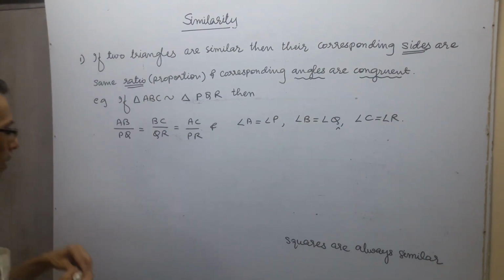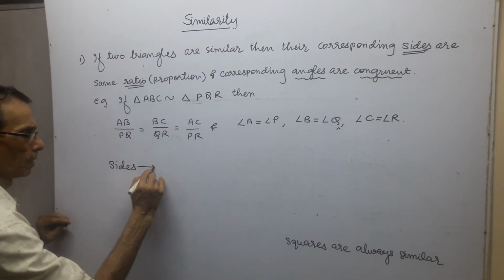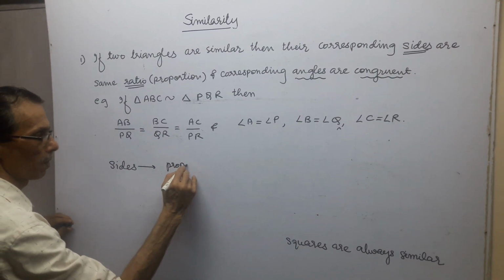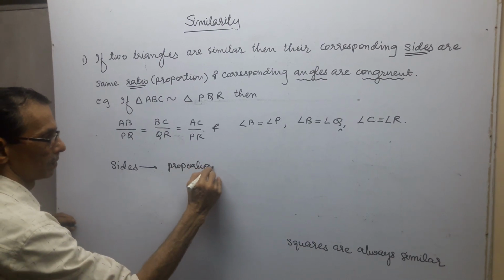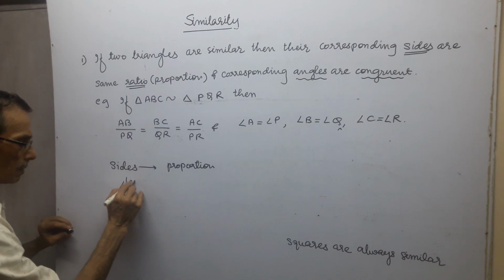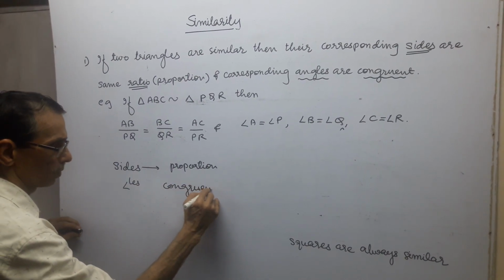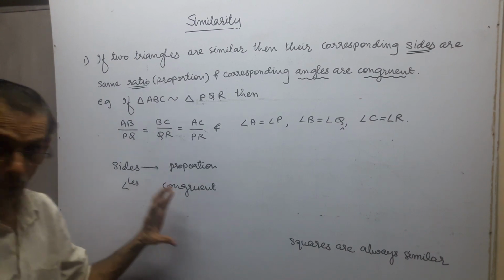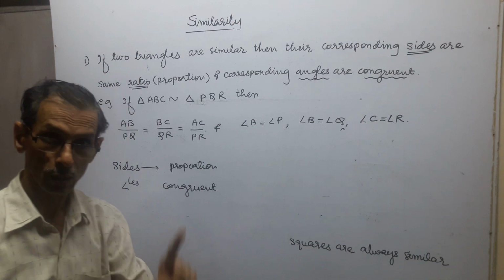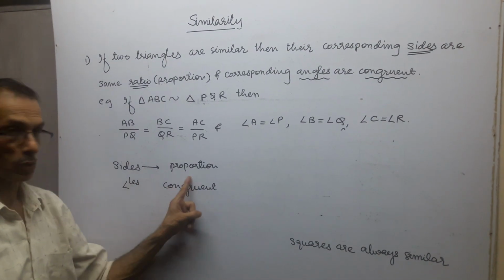Whenever the word sides comes, use the word proportion. Sides in the same proportion, and angles congruent, because we know that a triangle may be small or large. The sum of the measures of the three angles of a triangle is always 180, and therefore angles congruent, sides proportion.